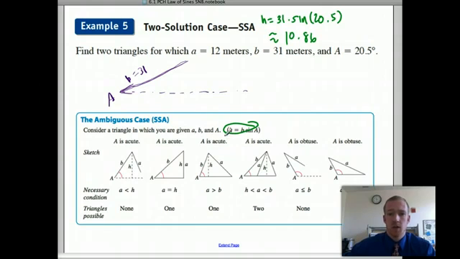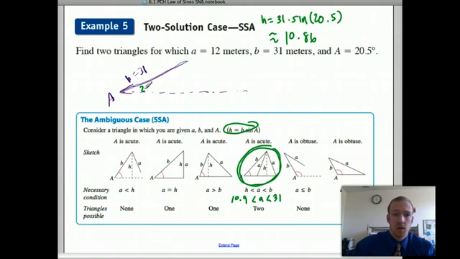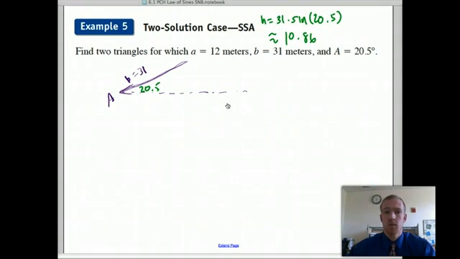So we have this case where A is 12, B is 31, so A is between 10.9, let's call it, and 31. And A is an acute angle at 20.5. So we're going to have two answers. Alright, so we know we have the ambiguous case with two answers.